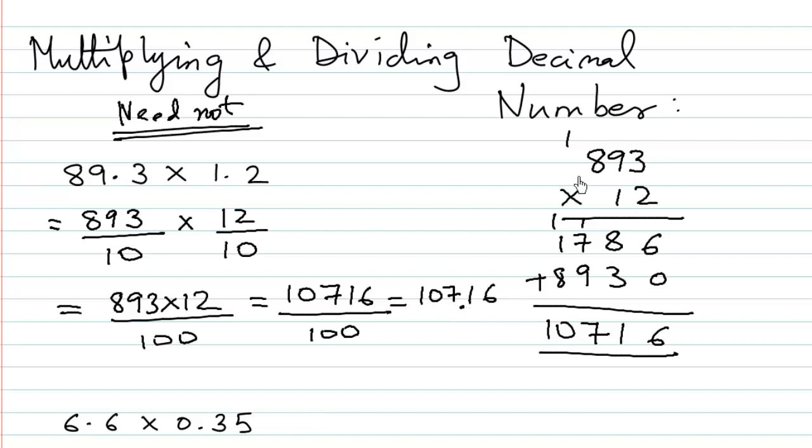The idea is just multiply the numbers ignoring the decimal points, and then since there is one digit after the decimal point and another one digit after the decimal point, we shall have two digits after the decimal point. So we need not have these decimal places one below the other.